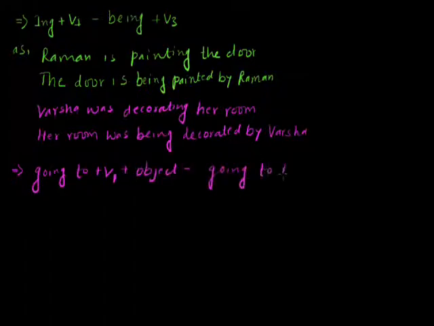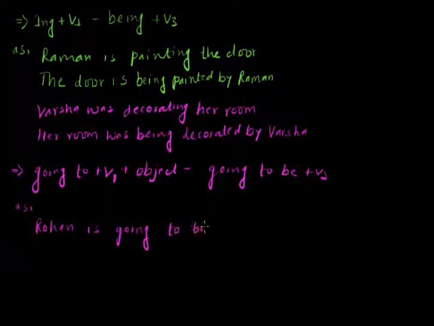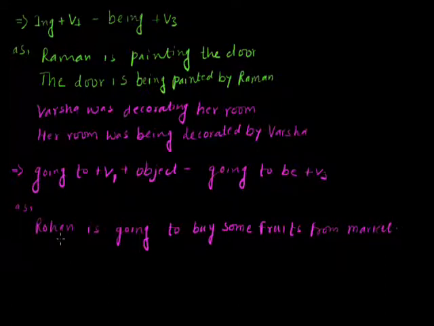So if I say Rohan is going to buy some fruits from the market, in this sentence going to is given, and after going to, buy, which is the first form of the verb, is given. First we will pick up the object from the sentence above, and the object is some fruits. Then the helping verb we will use is are, because some fruits is plural, and then going to will be used.